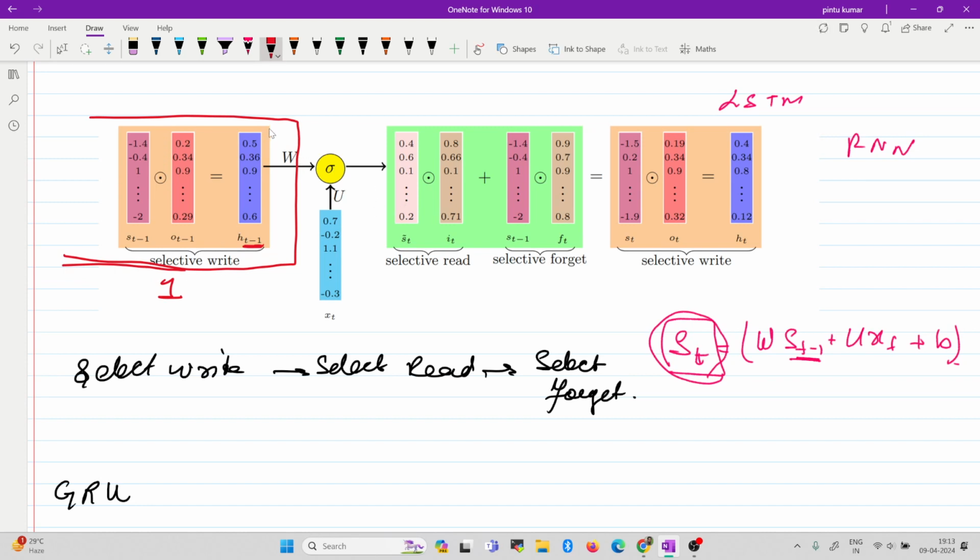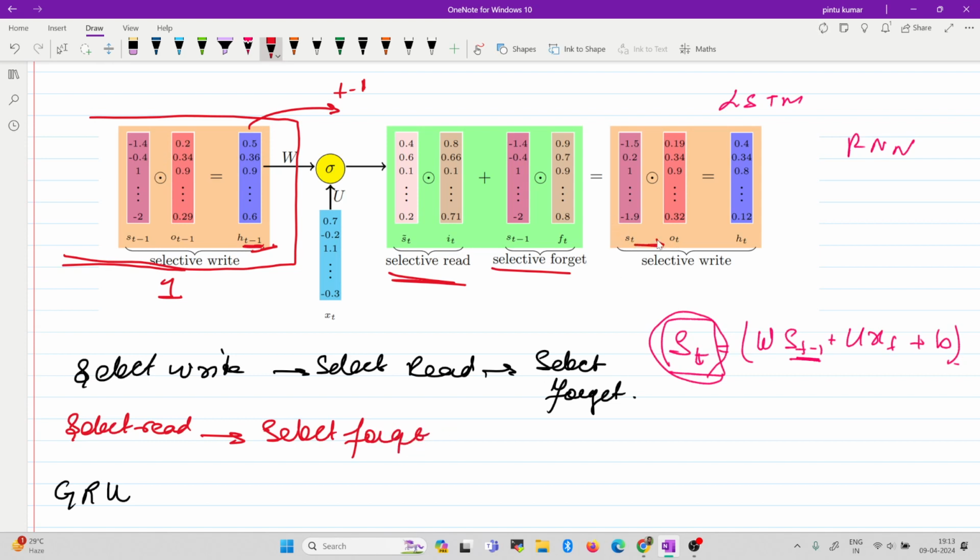What you do is, you assume that you have this h of t minus 1 available with you. First of all, you perform your select read, because you have h of t minus 1 available. Then you will go to select forget, right? After you have done your select forget, you will do a point-wise multiplication and output the h of t.